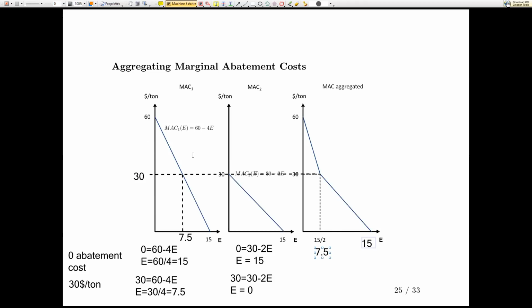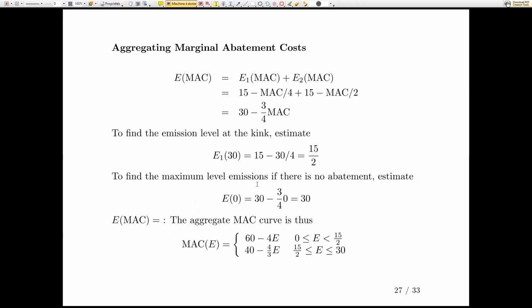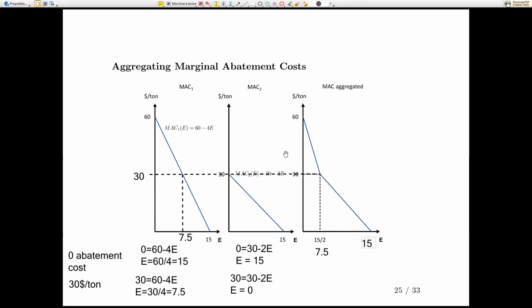The aside is that it would be possible to have negative emissions if you interpret it that way. However, in this case, with the function I'm giving you there, what you have to assume is that once firm 2 has reached 0, it's not going to have anything else to abate. Here you just have these 2 firms.